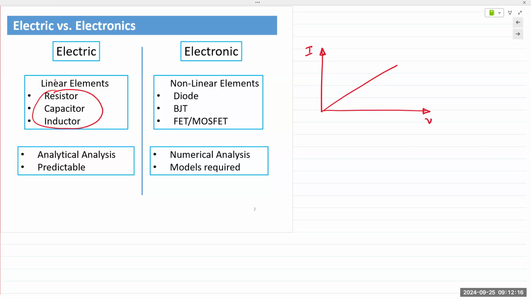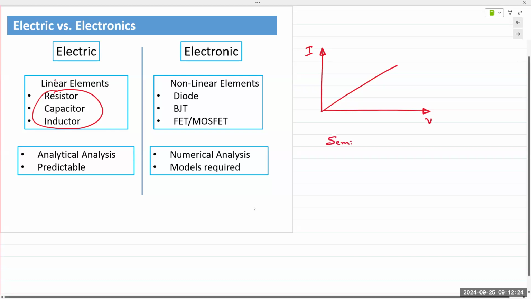Electronic devices, on the other hand, made from semiconductors, do not have a linear relationship. So any semiconductor device, including diodes, transistors, FETs, MOSFETs, have a non-linear relationship. Hence, they are known as non-linear devices.